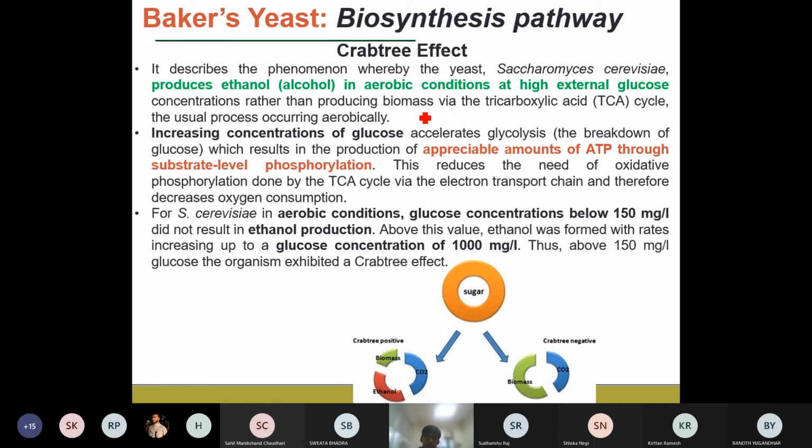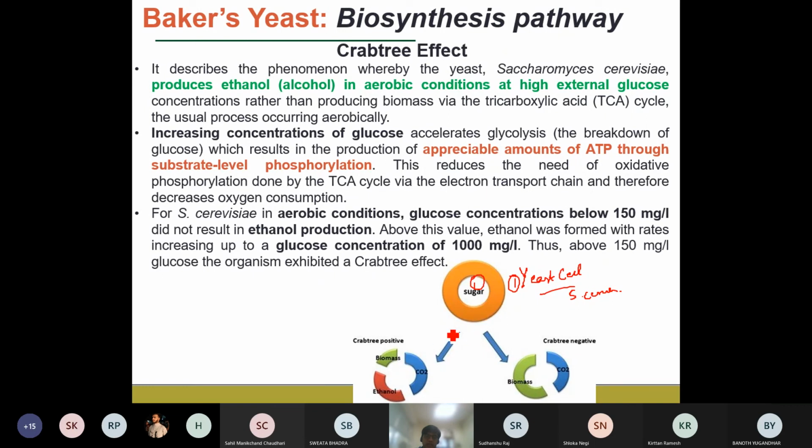In this case, we are having single yeast cells, Saccharomyces cerevisiae, so we have one particular type of microorganism, and we are keeping the same sugar type, like the glucose.